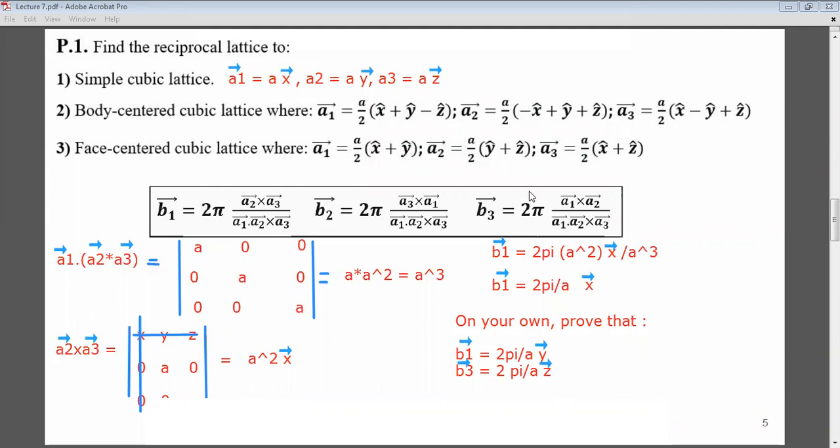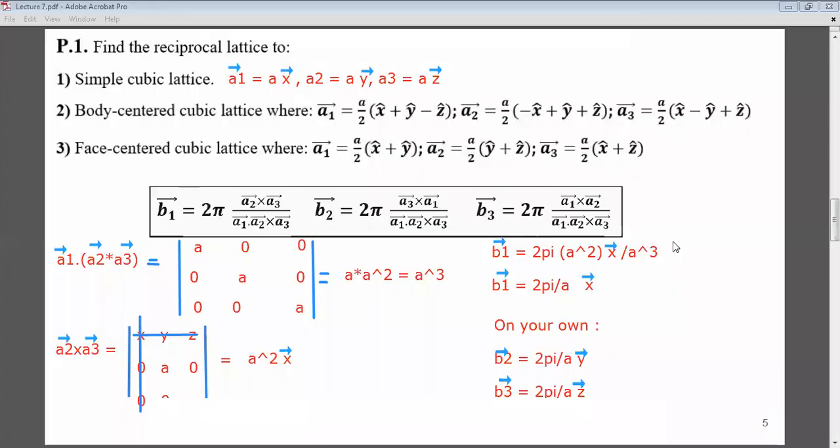Okay, so again, as you see, if I have the direct lattice, a simple cubic, A1, A2, and A3, then I can calculate the reciprocal lattice vectors, B1, B2, and B3. And what we see over here, by the way, this is B2 and B3.